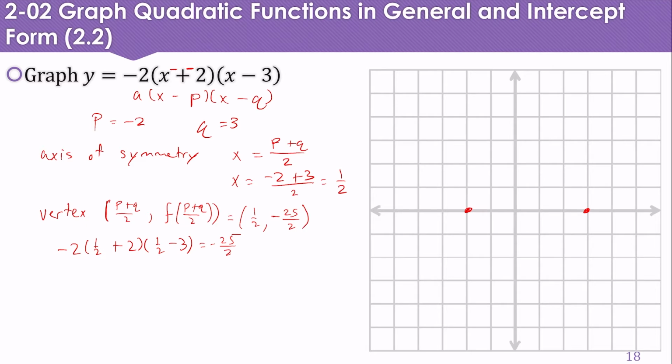Well, I don't know. What is -25 over 2? Well, that's 12.5. Now, is 12.5, -12.5 going to fit on my graph? No, it only goes to 6. So, what do we want to count by to make this fit? Well, if I counted by 2s, that would get me to 12.